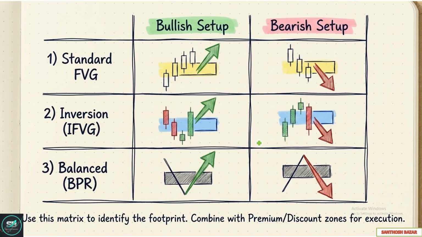So you can take a pause here and take a screenshot of this table. Genuinely it will be useful so that you can apply these concepts while you are trading intraday. So hope this will help you make your trades better from next week.